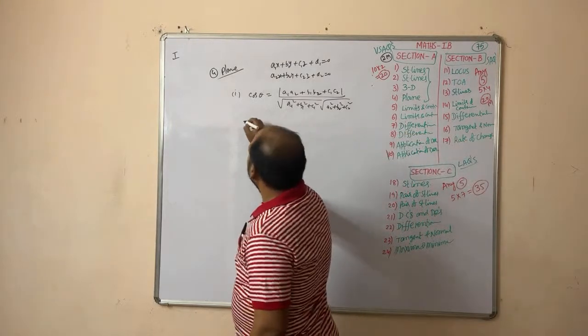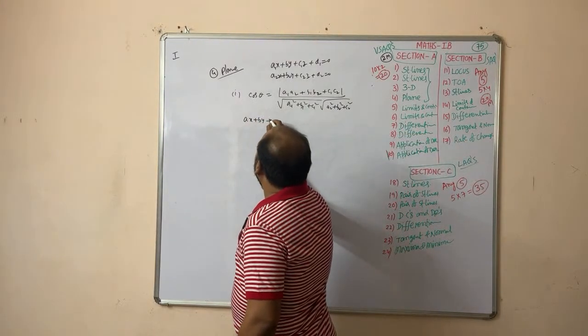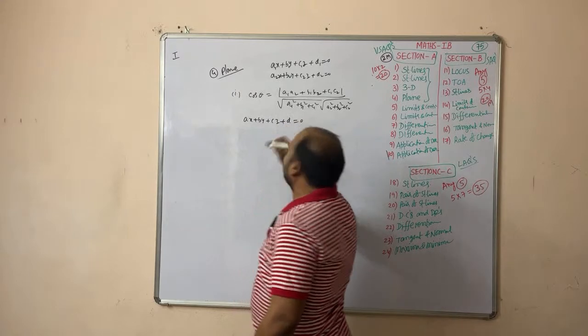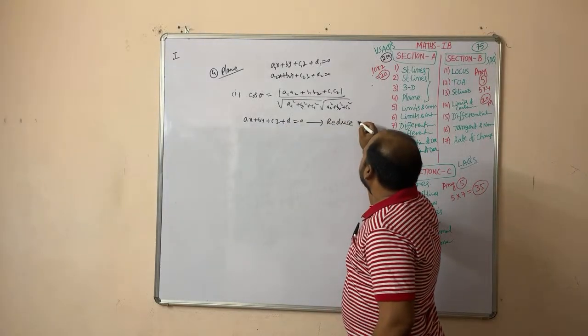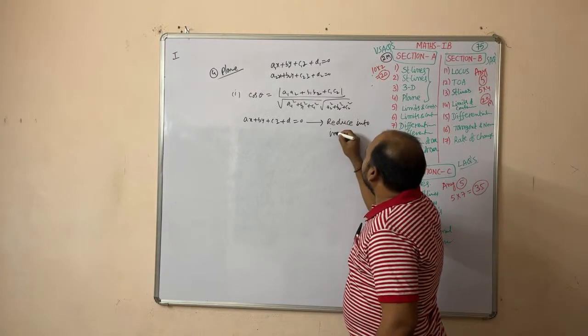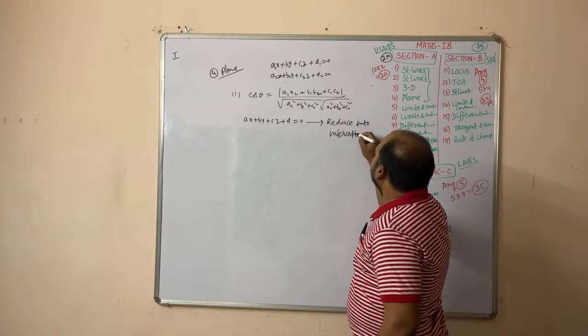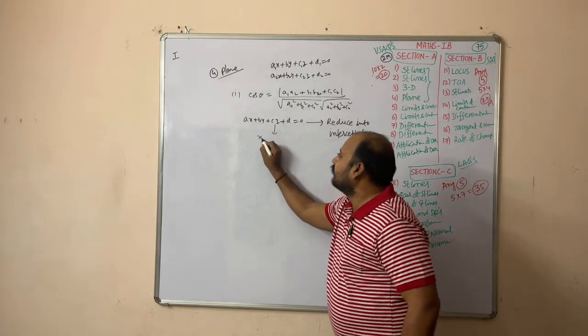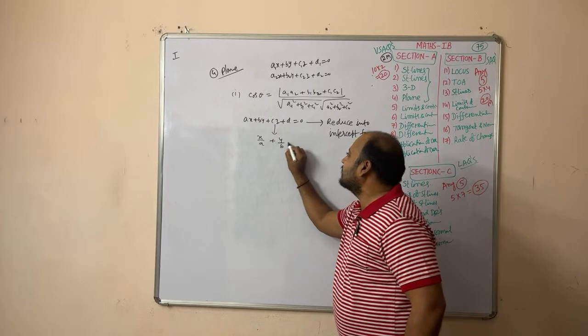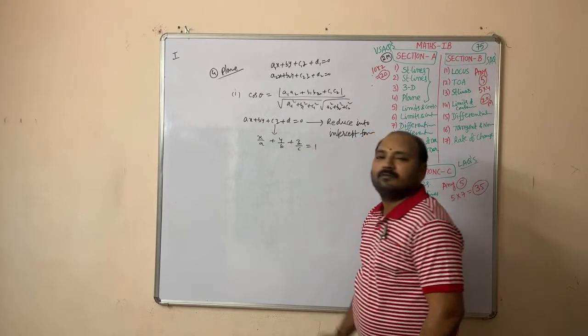Second one: ax plus by plus cz plus d equal to 0 they will give, and you reduce it into the intercept form. What is the intercept form of this equation? You can reduce it into x by a plus y by b plus z by c equal to 1.